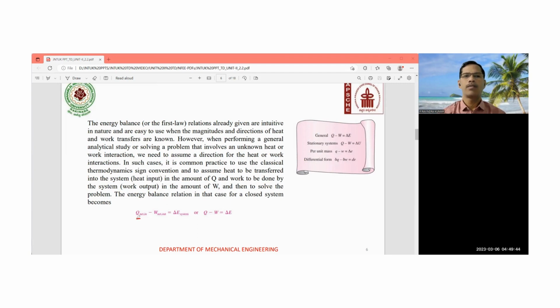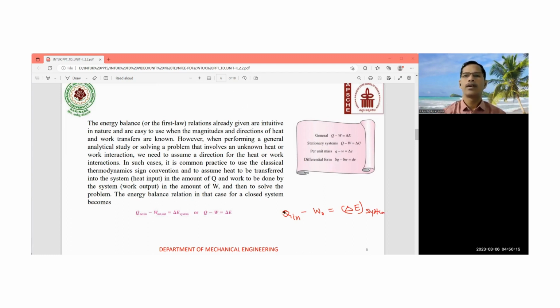So this is the energy balance equation. What is the heat entering, that is Q in, the net amount of heat entering, minus the net amount of work output is equal to delta E of the system.